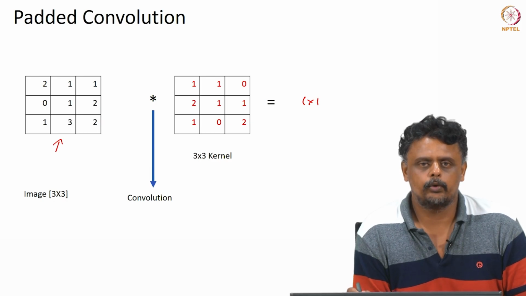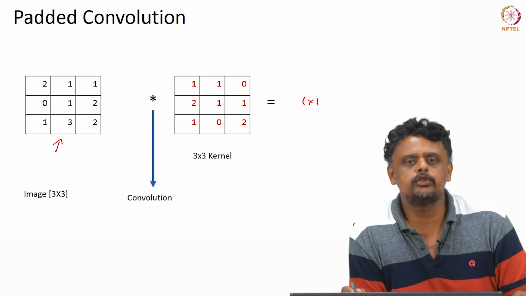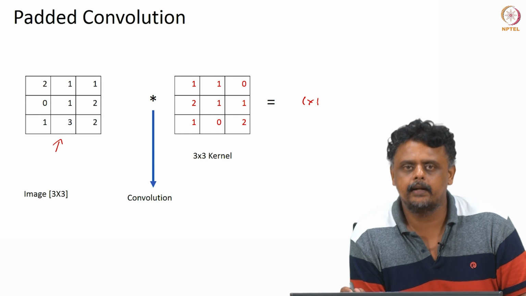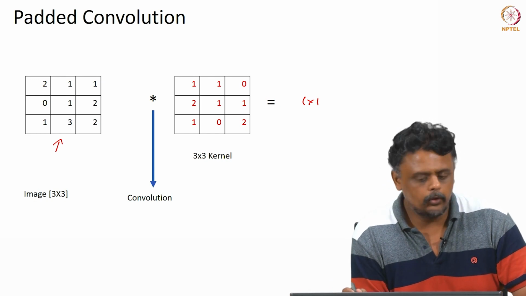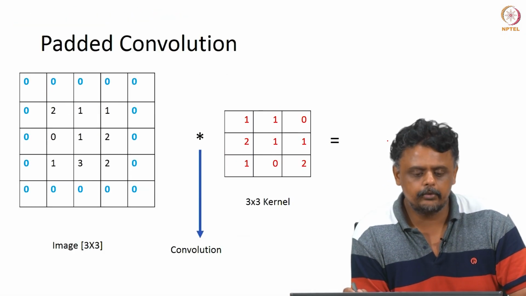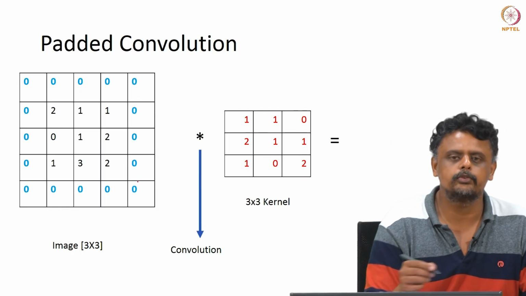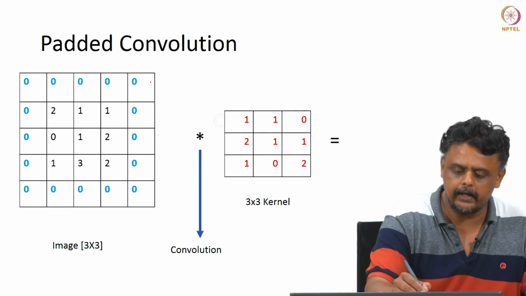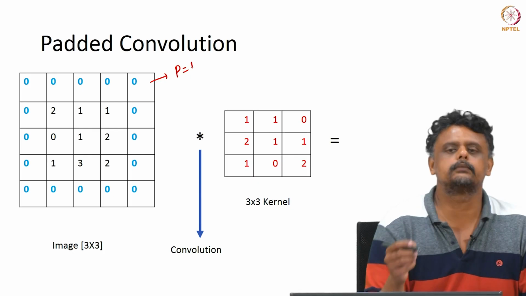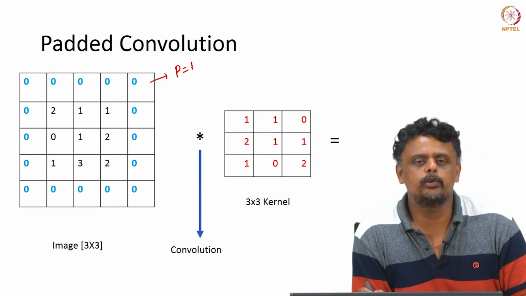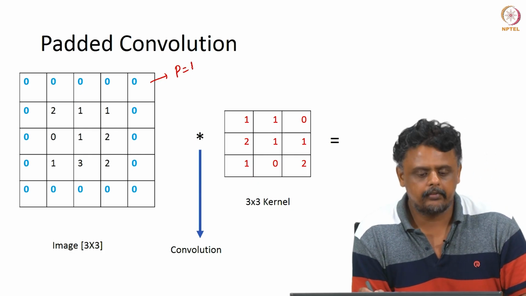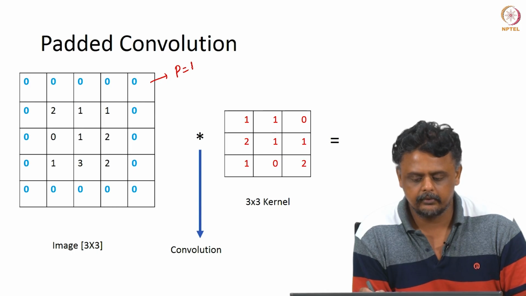That is typically what you get, but then you can't do subsequent filtering on top of that, it becomes difficult. So, to preserve the size of your feature map, you will pad it with zeros all around. This corresponds to padding of 1, which means that you will pad with 1 on the left, right, top and bottom of the picture.